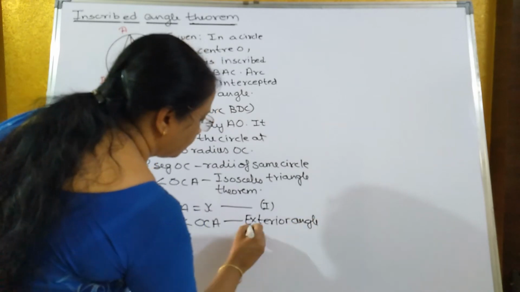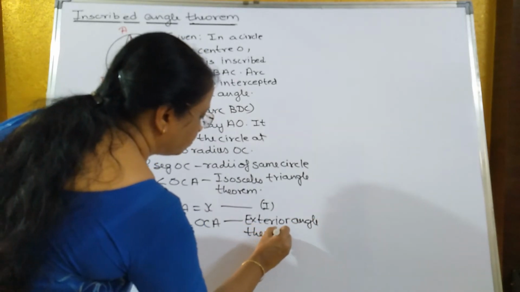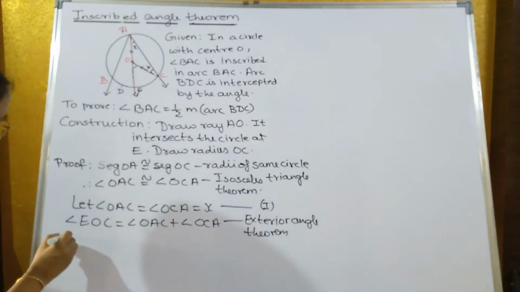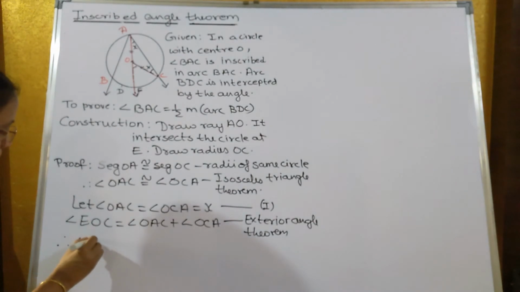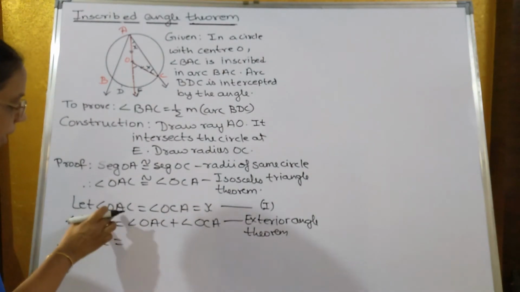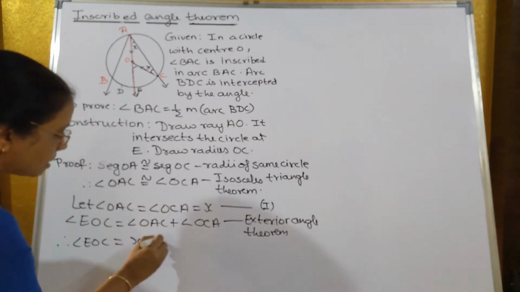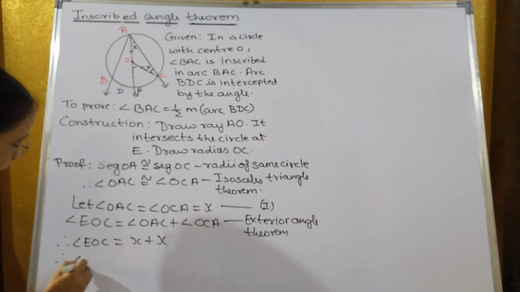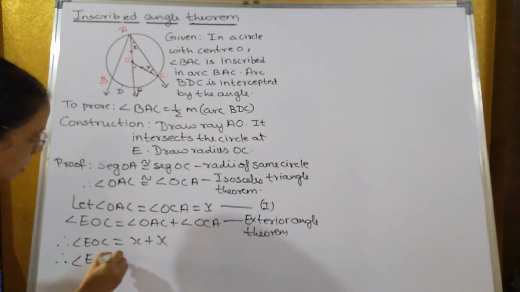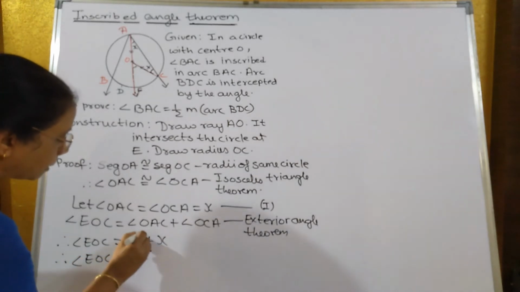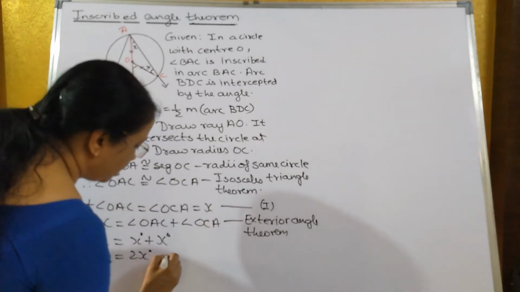Therefore angle EOC is equal to what? We had taken OAC and OCA equal to what? x. So x plus x, therefore angle EOC is equal to 2x degrees. So let this be 2.